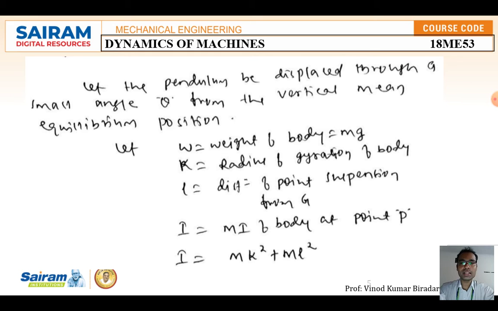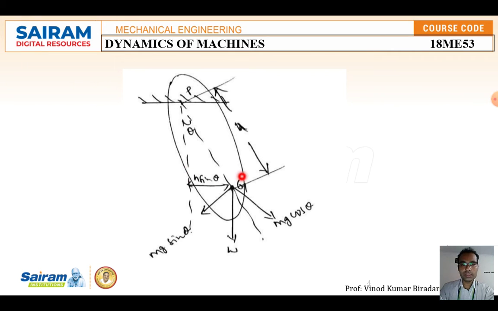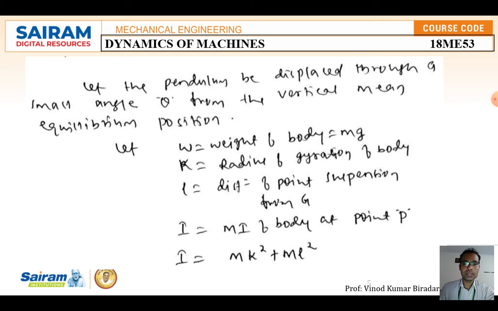You disturb it with an angle theta, so the disturbance takes place and it moves from the original position to point J. Let W be the weight of the body acting due to the gravitational force, so weight is equal to mg. k is the radius of gyration of the body, and L is the distance of the point of suspension from the point G. I is the moment of inertia of the body about the point P, which is equal to mk square plus mL square.